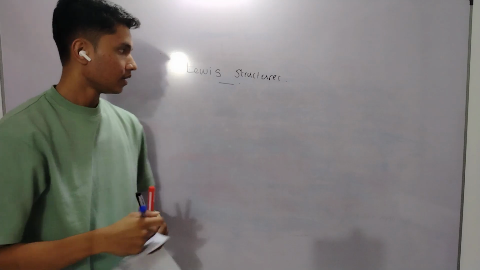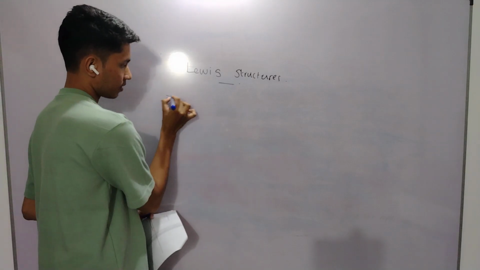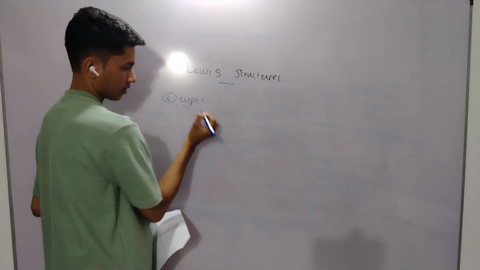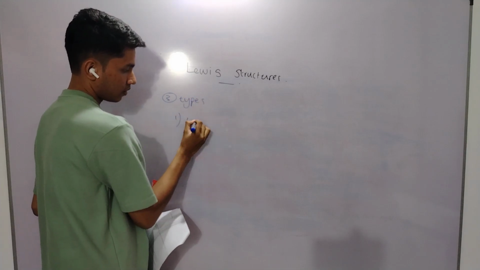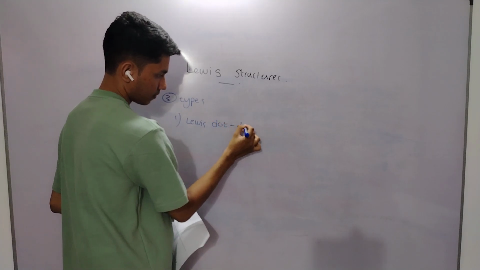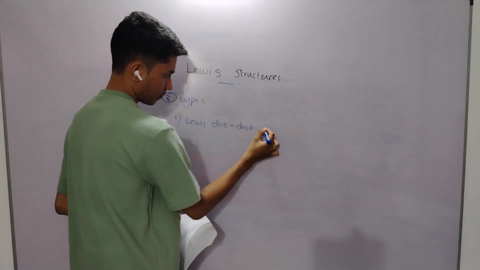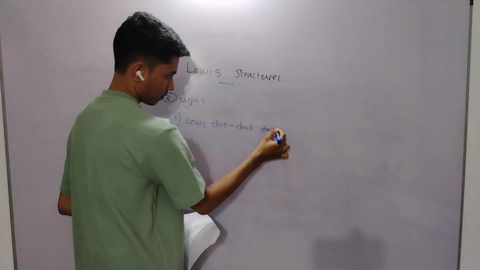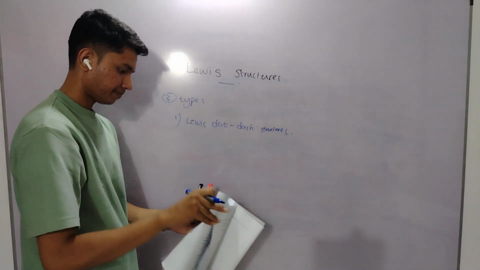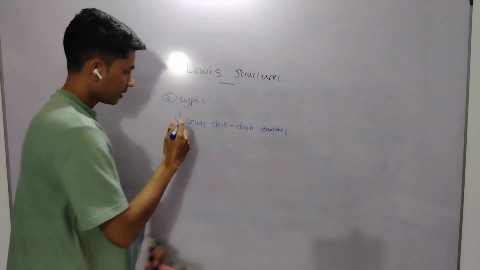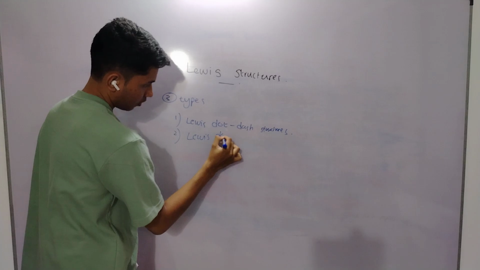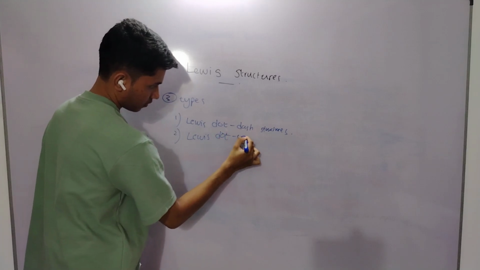Now, there are three types of Lewis structures. The first one is Lewis dot-dash structures. The second one is Lewis dot-cross structures.